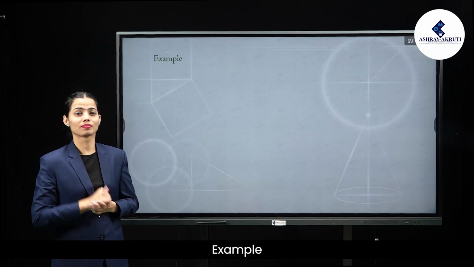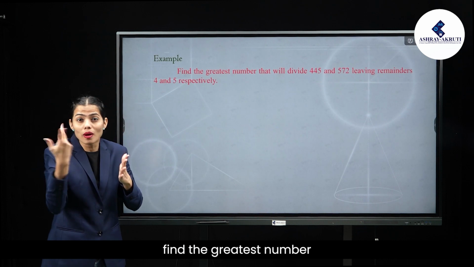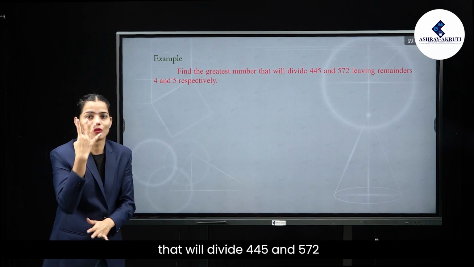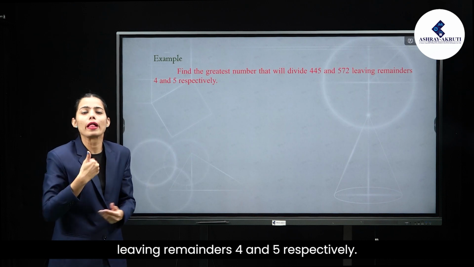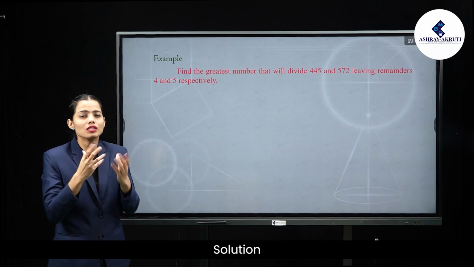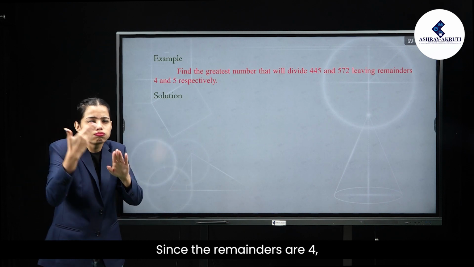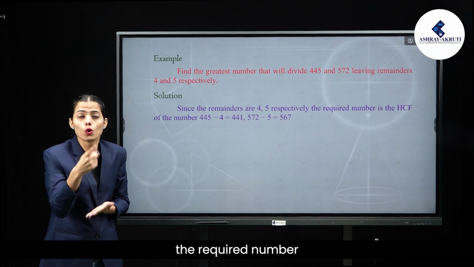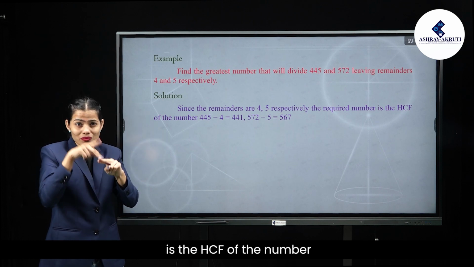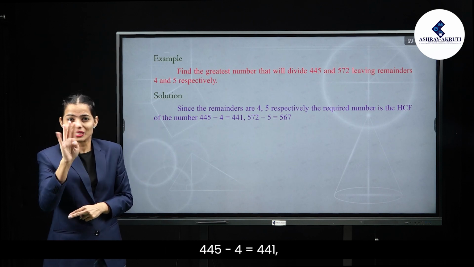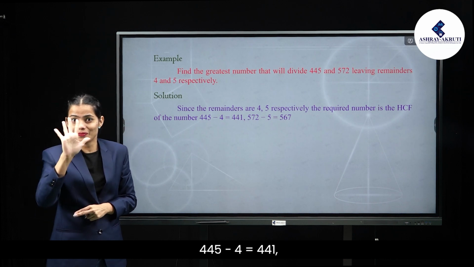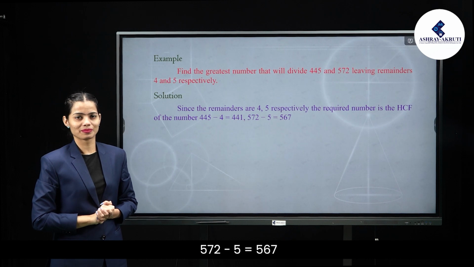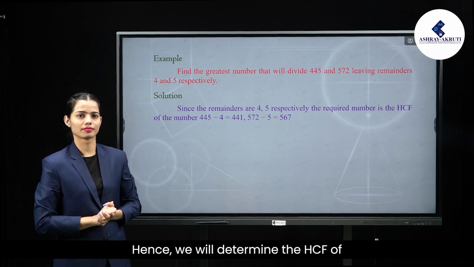Example: find the greatest number that will divide 445 and 572, leaving remainders 4 and 5 respectively. Solution: since the remainders are 4 and 5 respectively, the required number is the HCF of the numbers 445 - 4 = 441 and 572 - 5 = 567.